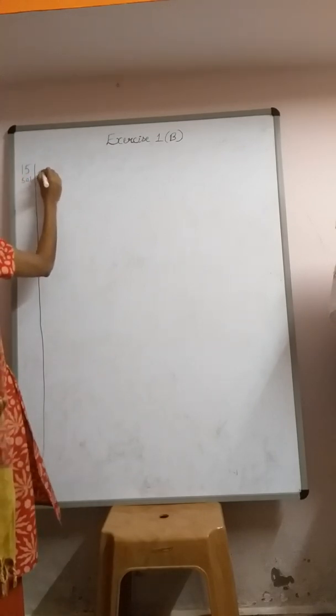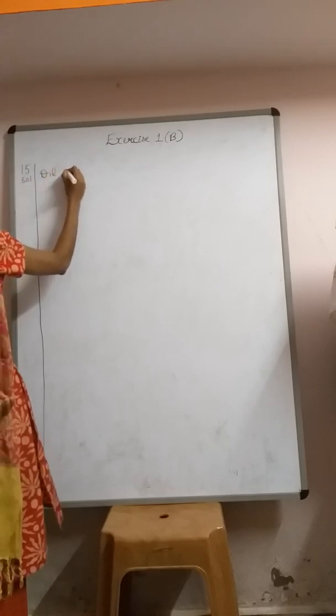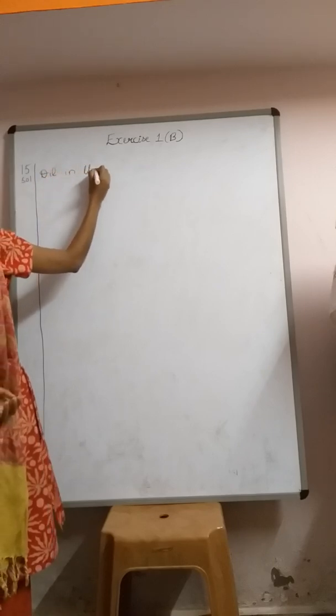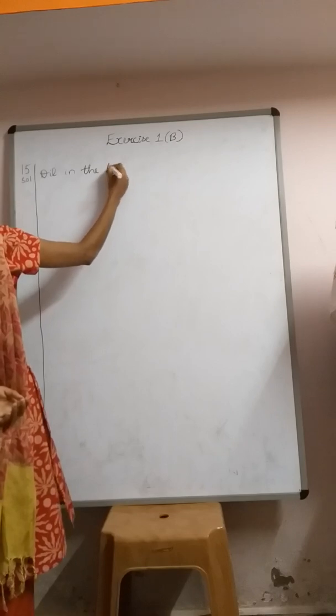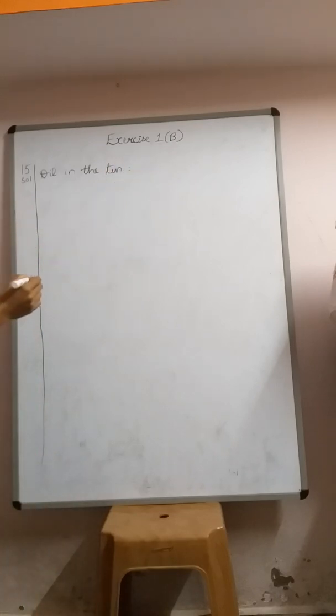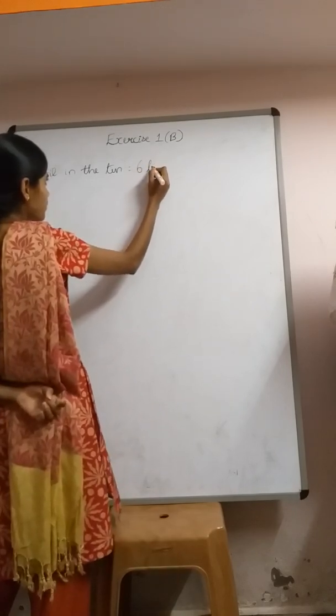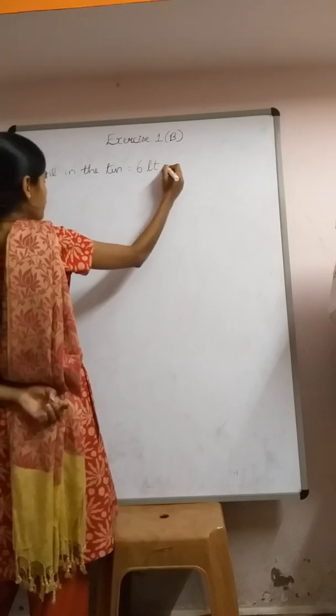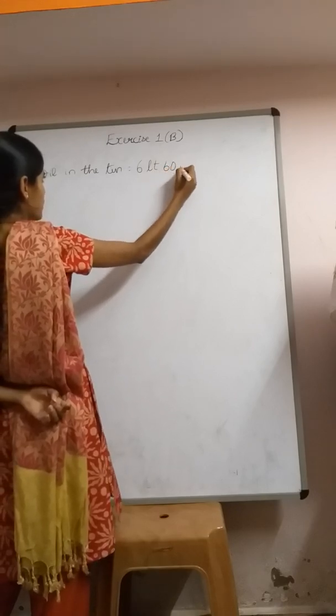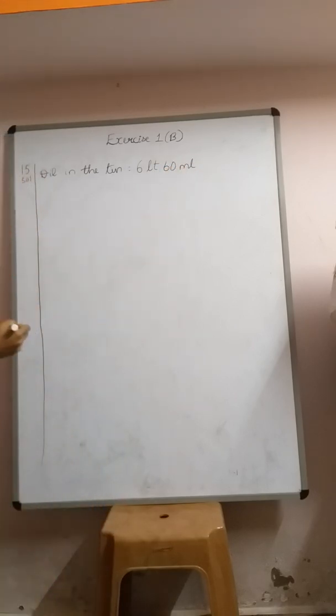The oil in the tin. So let us see how much oil does it contain. They have given how much? 6 liter and 60 milliliter. Okay. 6 liter and 60 milliliter is the oil contained in the tin.